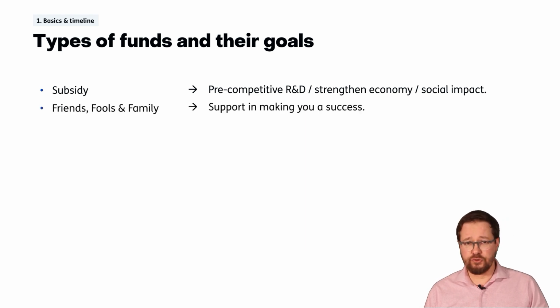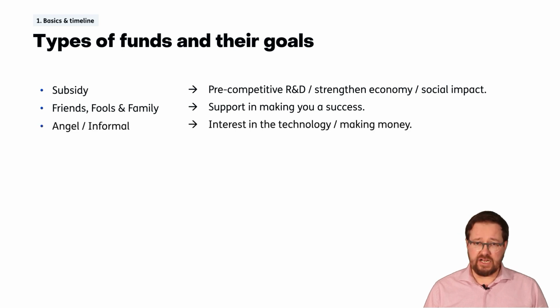Friends, family and fools can also provide funding, but be cautious as formal investors may not want them at the shareholder table. There are ways to deal with that. Angel investors often invest for personal reasons and typically come in before formal investors. Angels typically invest in your company at a stage that formal investors are not yet willing to.